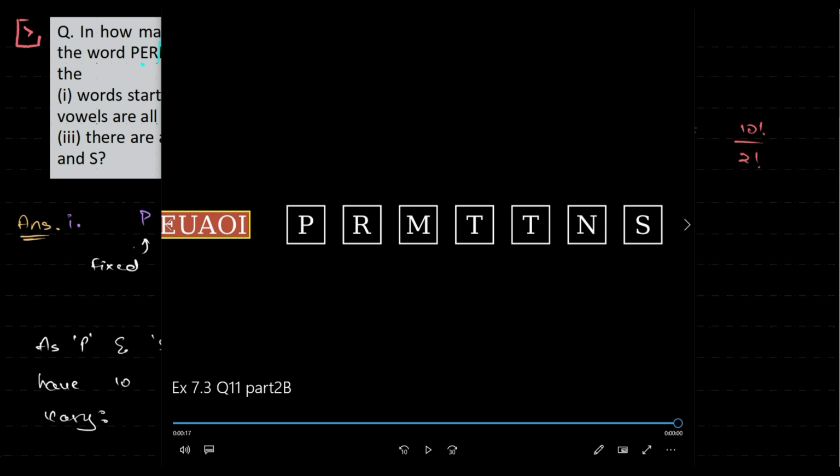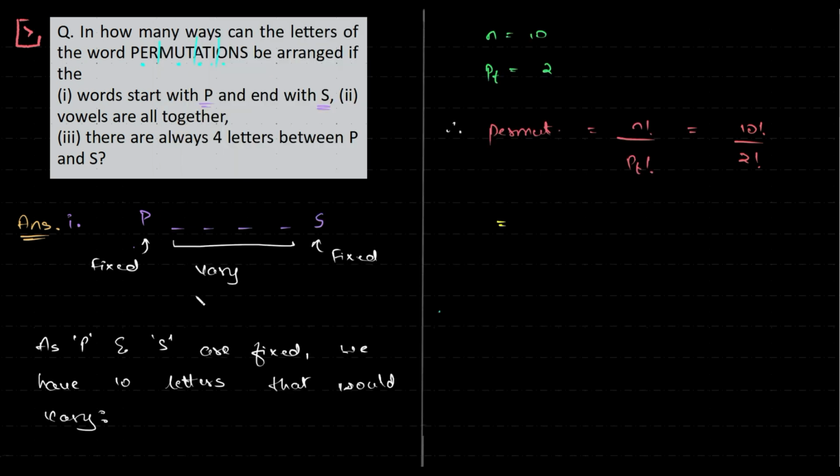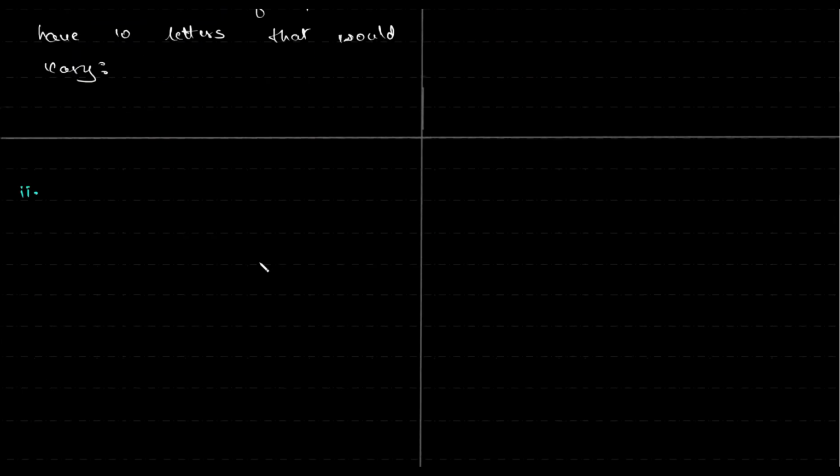So the point here is we have 8 blocks. Within the 8 blocks we have 2 T's and all of that. And within that we have a vowel block within which it will vary. So how do you calculate all of this is something that we'll discuss now.